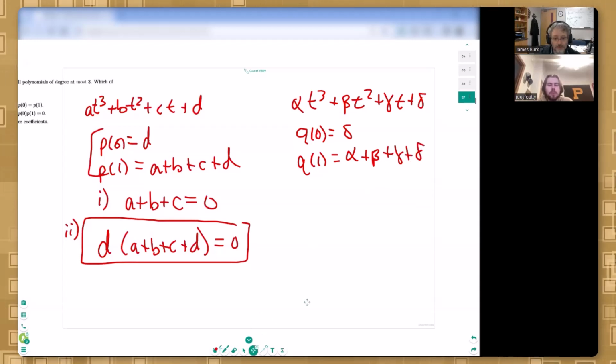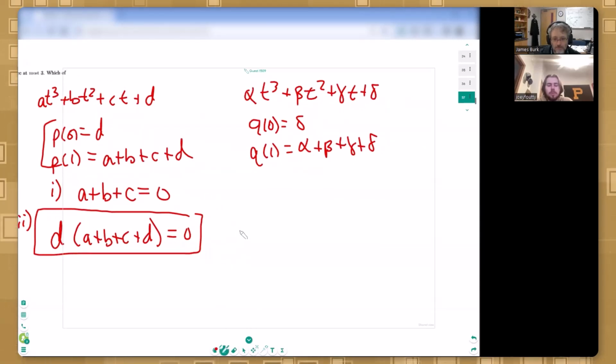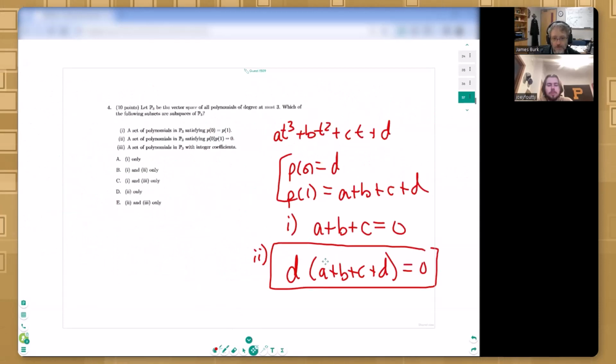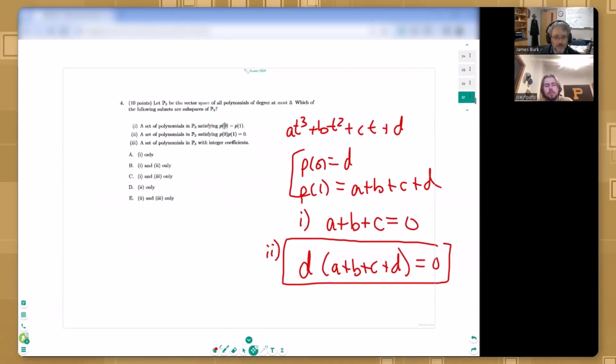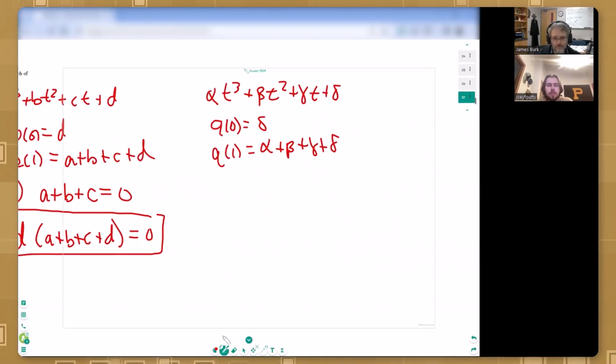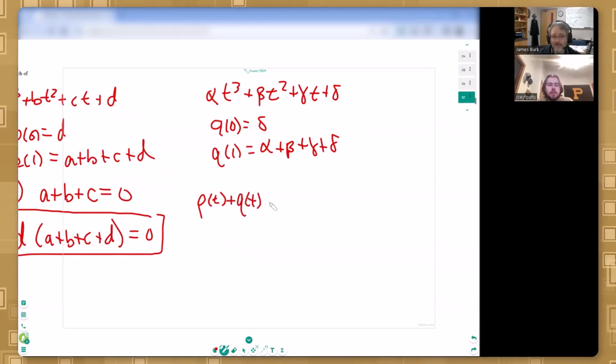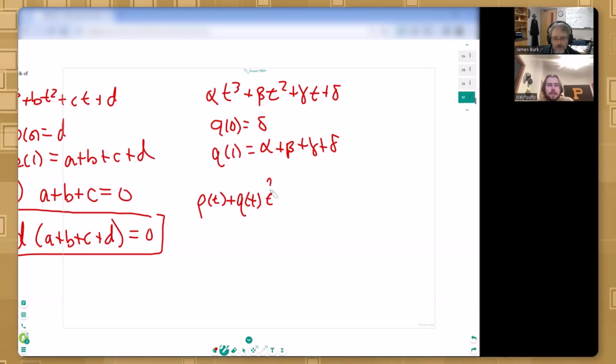Okay, so to be a space, if I'm going to have the property that when I plug in 0, it's like if I'm plugging in 1, if it is a vector space, that would then imply that whenever I look at my summation of these two, I'm going to get the same thing. So the question is, is this inside that space?